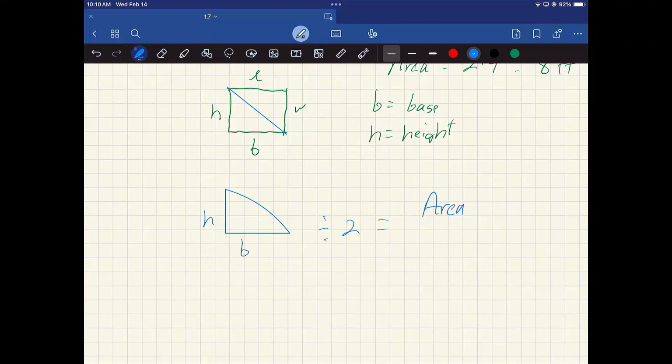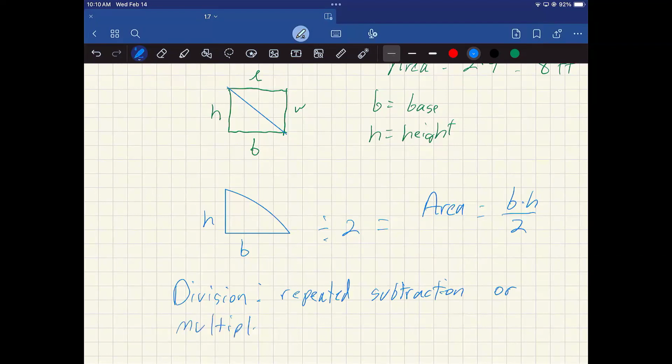So if we have the base times the height divided by 2, that's equal to the area. Now, when we're looking at our definitions of division, we say that in division, it is equal to repeated subtracting or multiplication by the reciprocal.